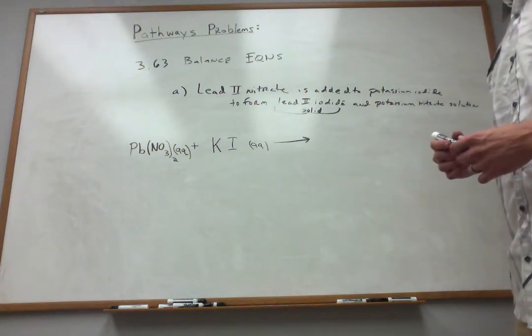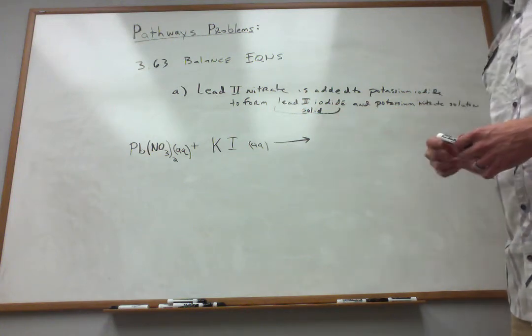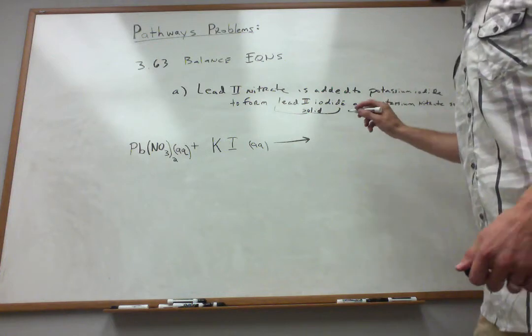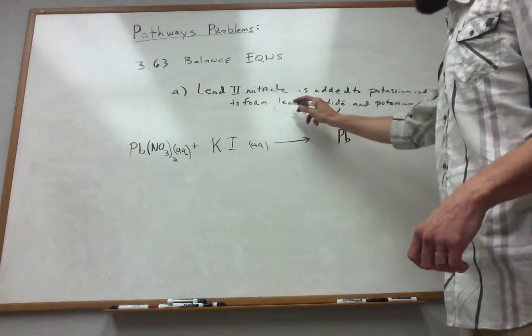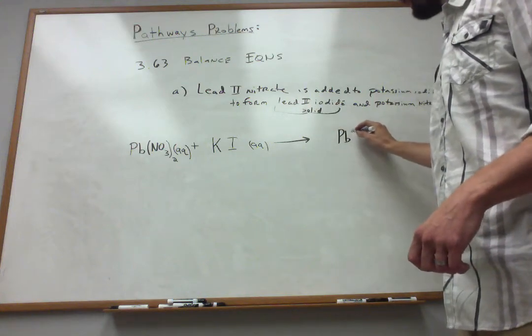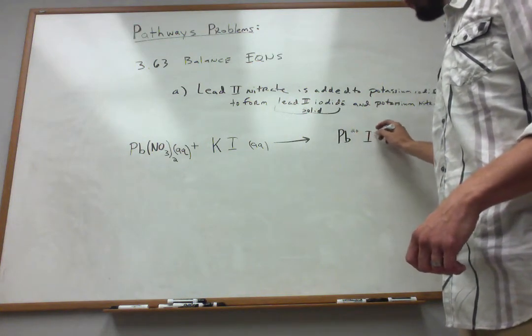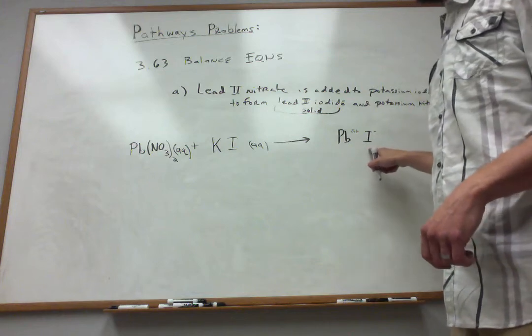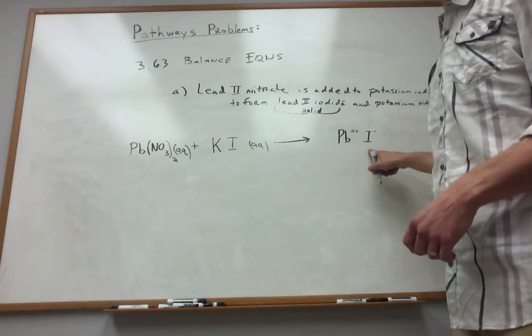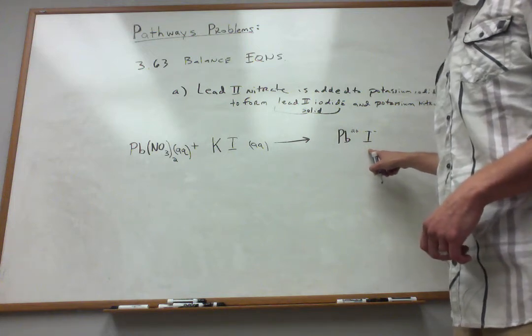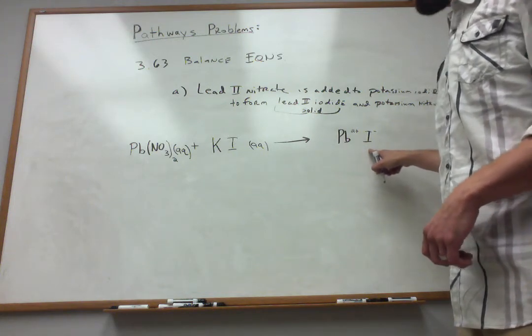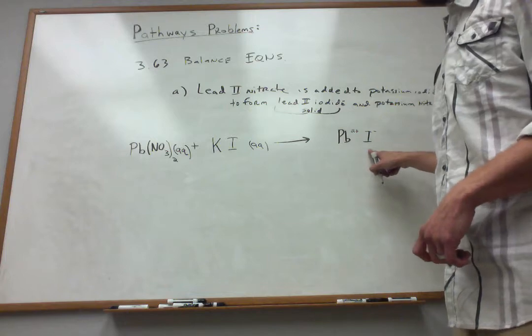And that's what's actually going to occur in this case. We're going to make this solid lead iodide. But we need to write a formula for that. Now I know lead is Pb, and I've got lead 2, and I know my I is -1 because as an element, iodine likes to form -1 ions to form iodide, so it can be isoelectronic with the nearest neighboring noble gas.